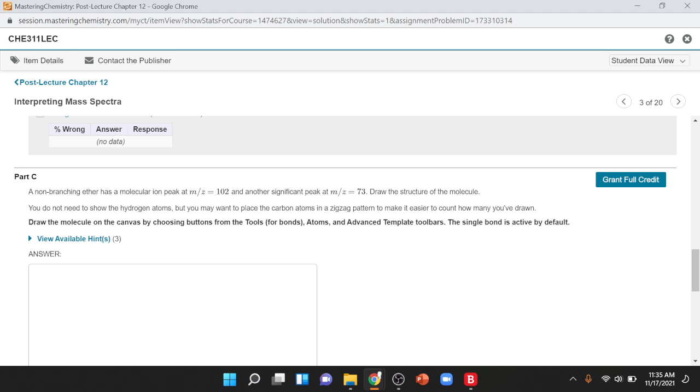If it's non-branching, and we're not given anything about it being a ring, what we need to do is figure out how many carbons there are. In a non-branching hydrocarbon, most of the carbons are in the form of CH2s, those methylenes, repeated units. Each of those has a mass of 12 plus 2, 14.